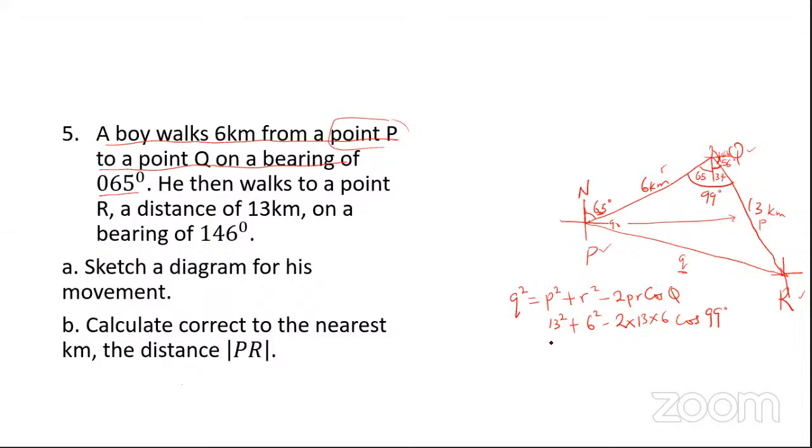13 squared will give us 169. 6 squared will give us 36. Minus 2 times 13 times 6 will give us 156.